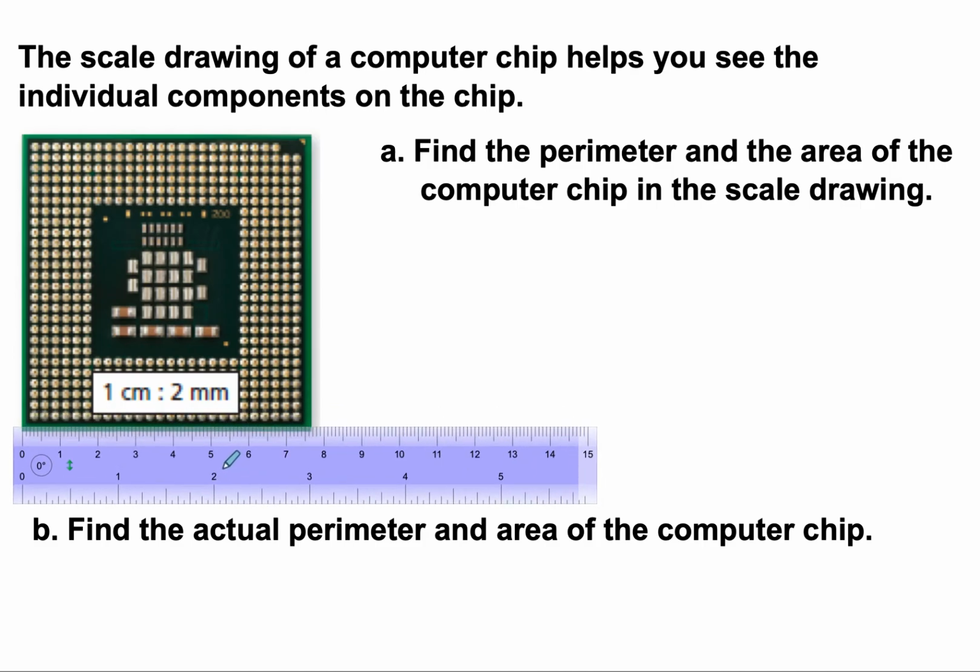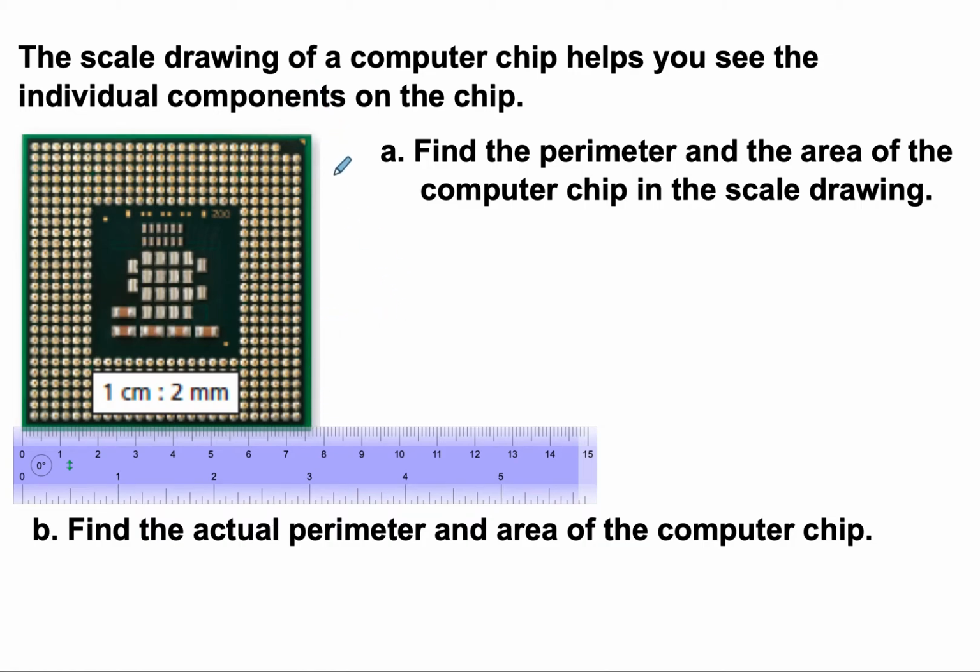So I'm going to line up my ruler here on the edge. This is a square, so all of the sides are going to be the same. I'm just going to measure the bottom here. Looks like 0 going to 7 point. It's a little hard to tell. Looks like maybe 7.7.